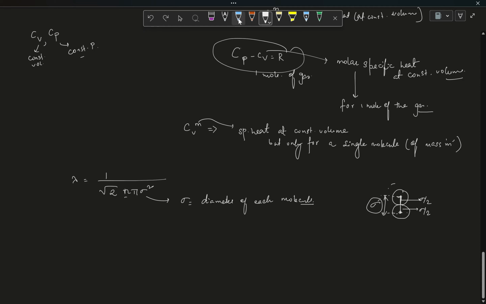But yeah, that is what I am saying: you can imagine this whole thing around is a collision cross section area that is equivalent to a circle.